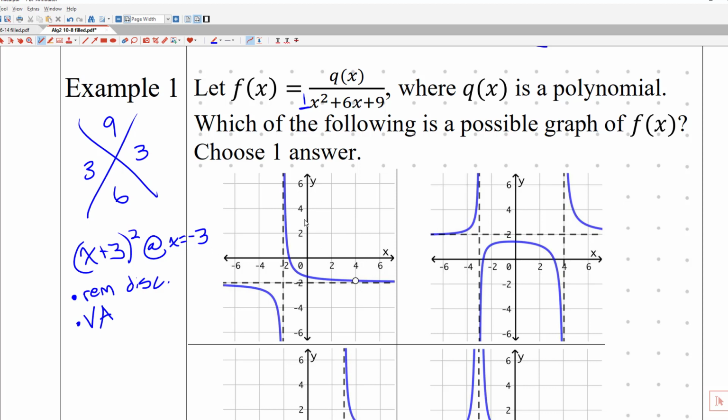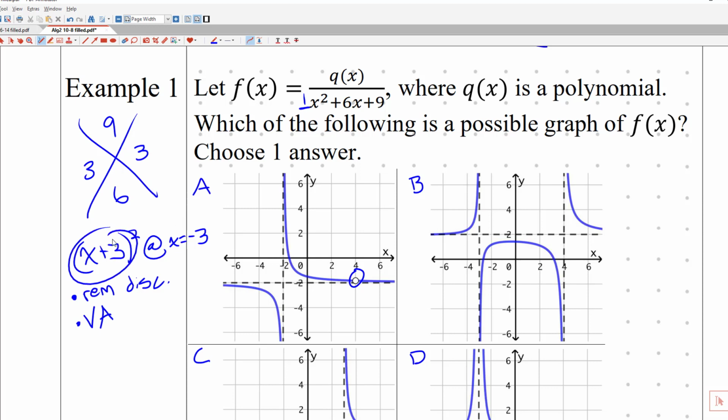On the graph, the letters got removed, so I'm going to call these A, B, C, and D. In the graph of A, I have a removable discontinuity at 4, which is impossible. Why? Because the only possible removable discontinuity is where the top and bottom cancel out, and the only thing in the bottom is (x plus 3) quantity squared.